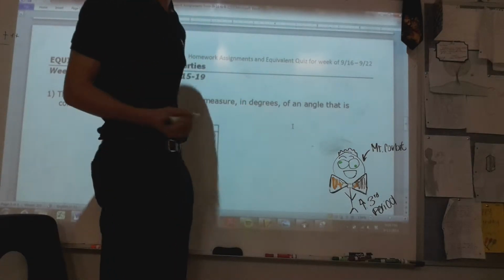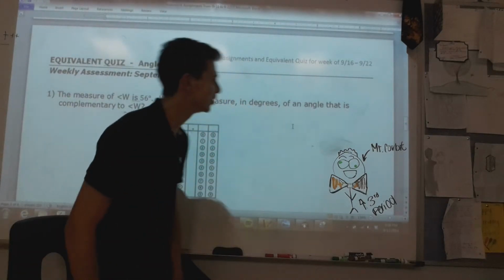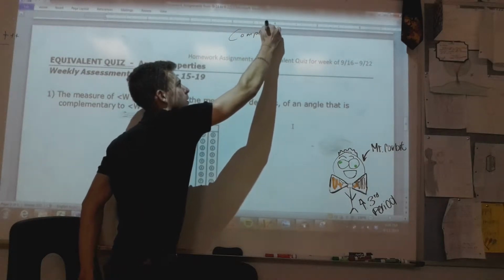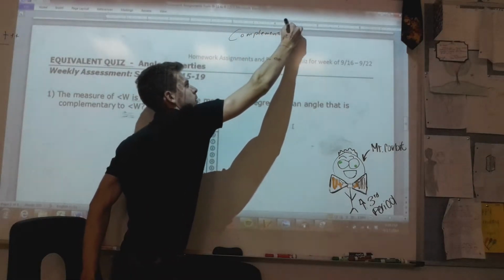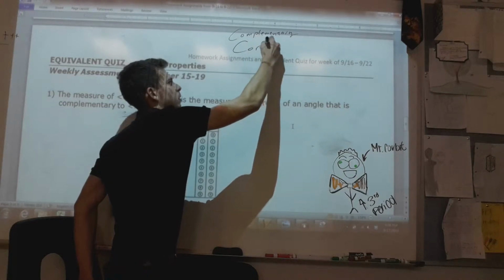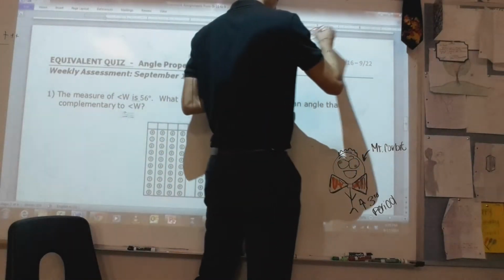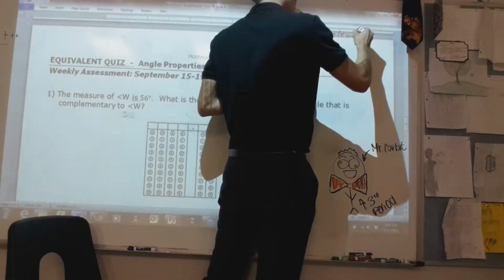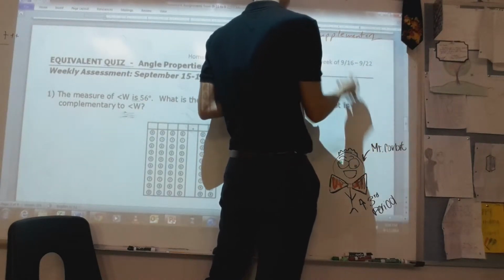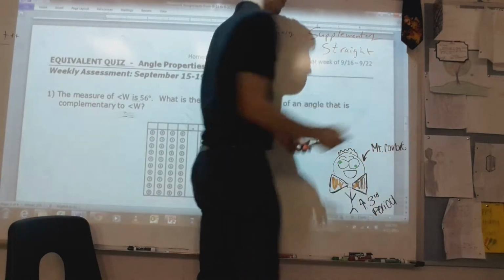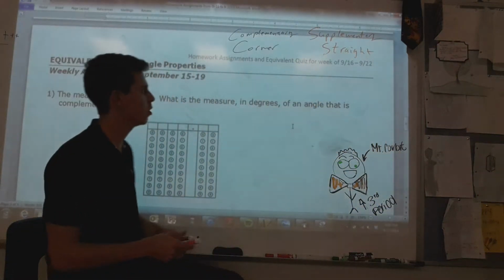Okay. So I know that Mr. Corbett says this all the time, and drives me crazy. Complementary corner and supplementary straight. Now, you may be one of the students who is thinking to themselves, what does that mean? Mr. Corbett says it a lot, but I do not know what it means.